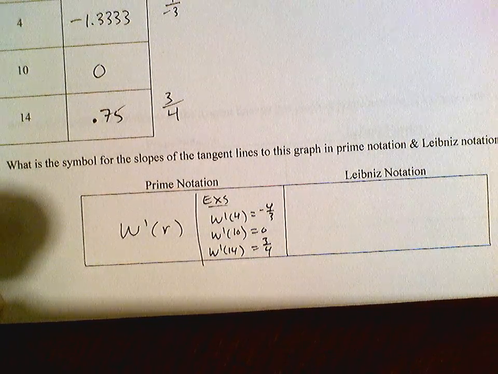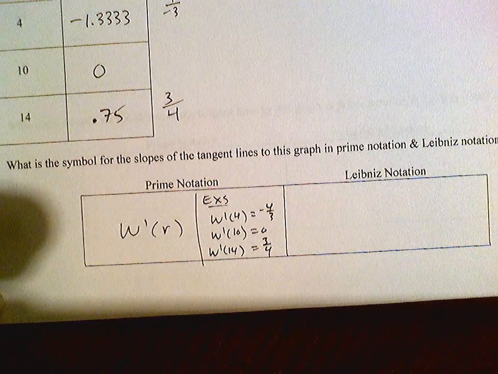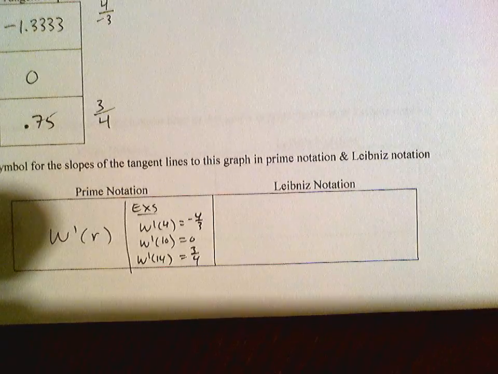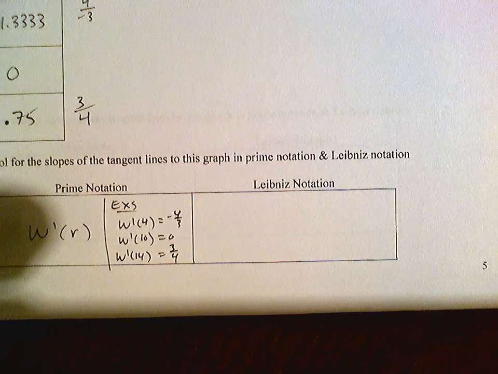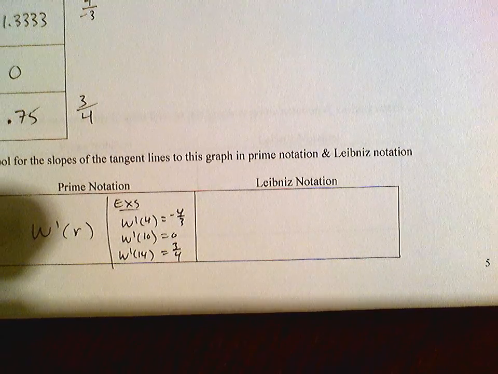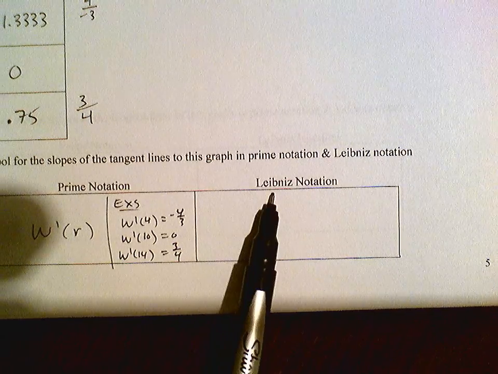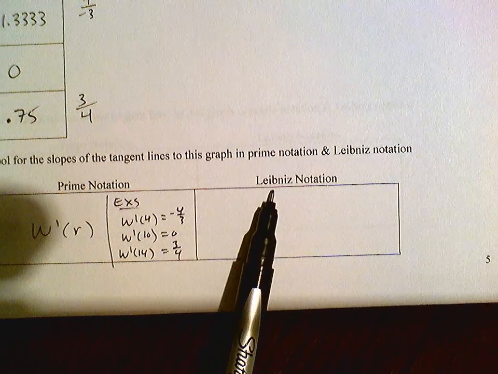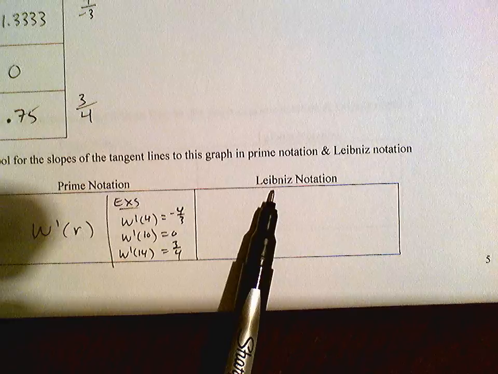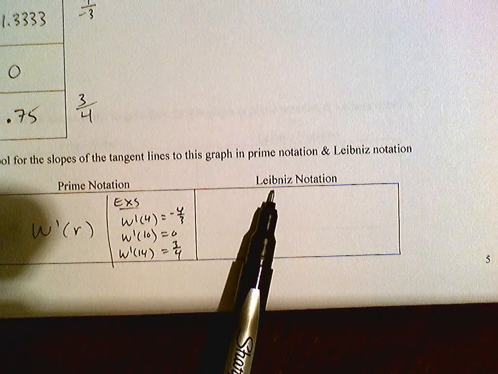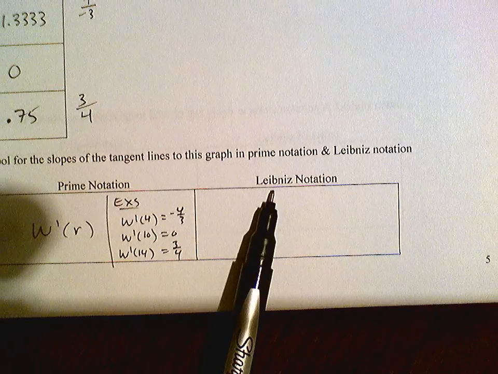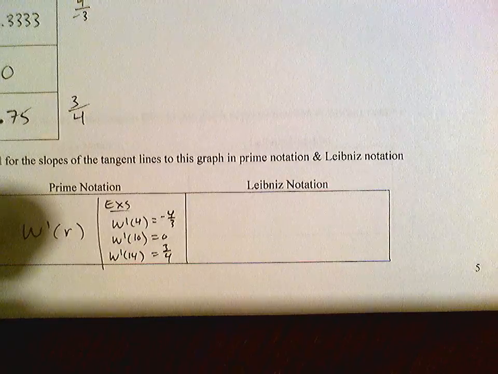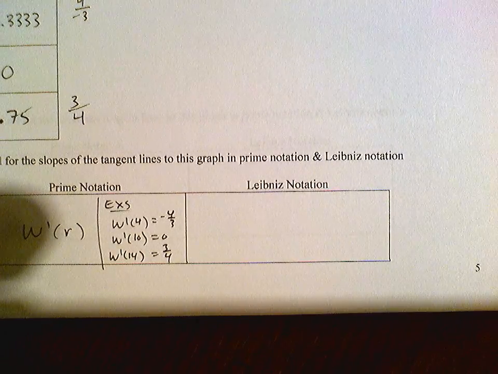There's another type of notation, which is called Leibniz notation, which is named after the guy who is credited with it. And Leibniz notation, guys, comes from when this guy Leibniz made up this notation, his influence was delta y over delta x. Okay, because that's really what we're finding. We're finding a slope.